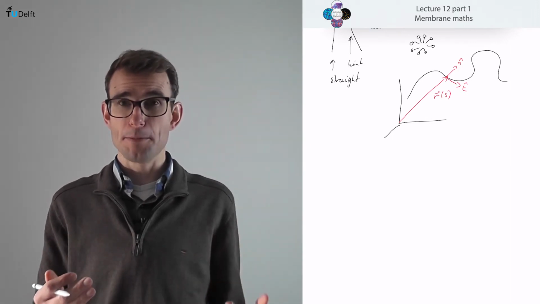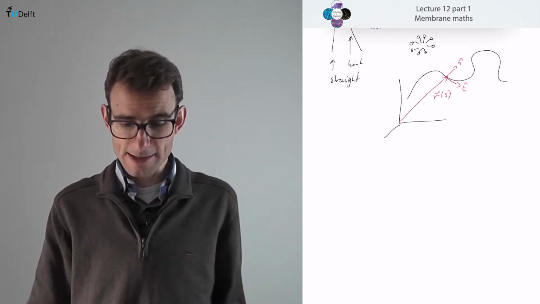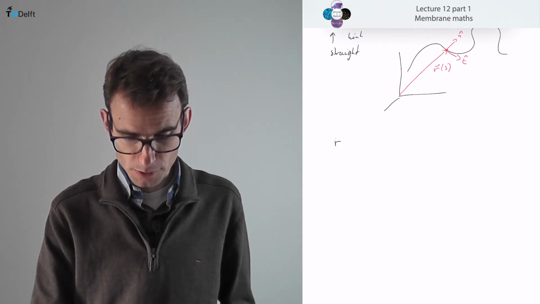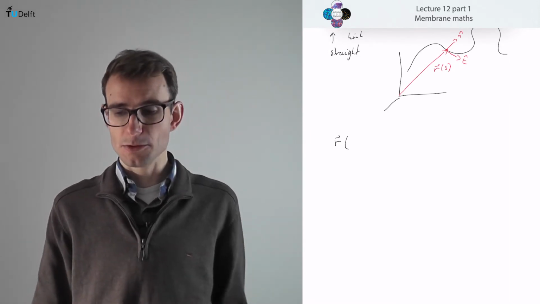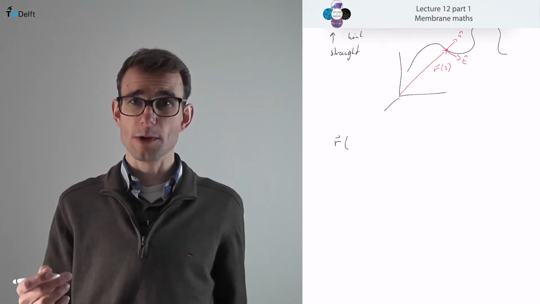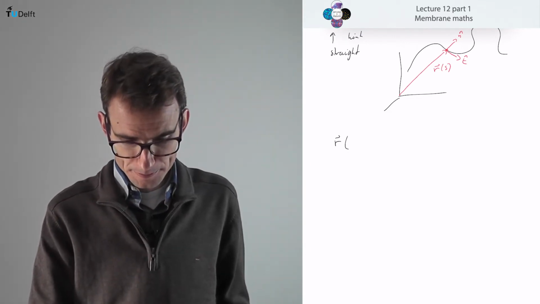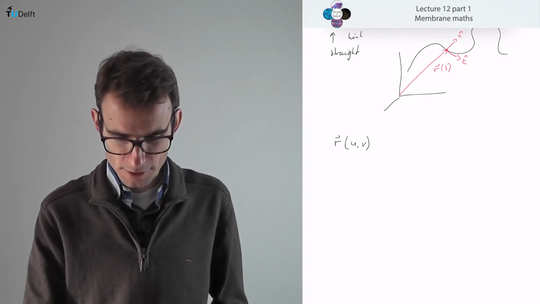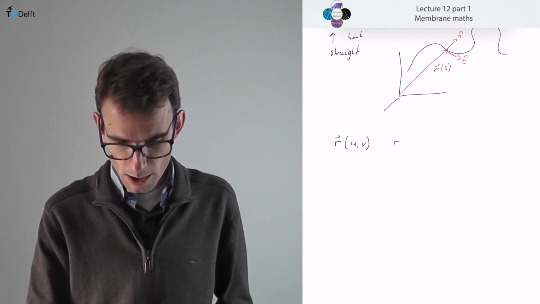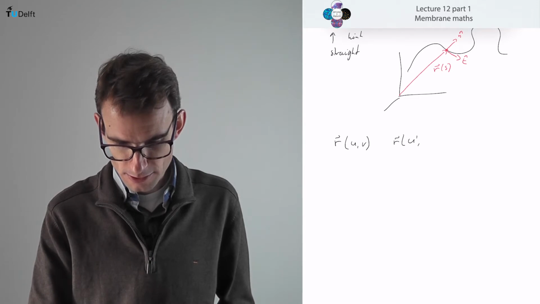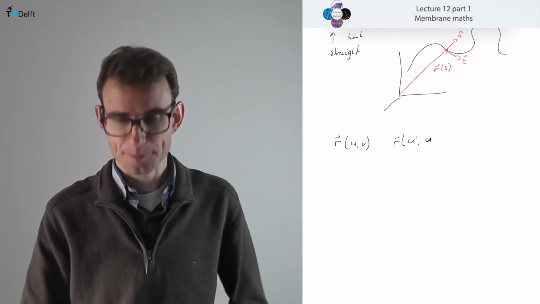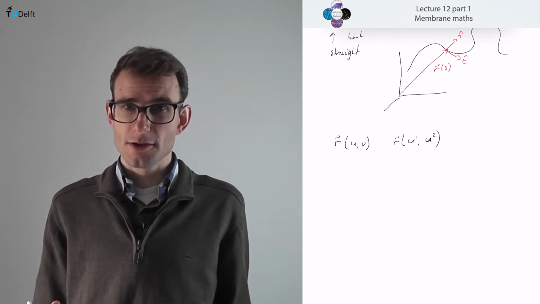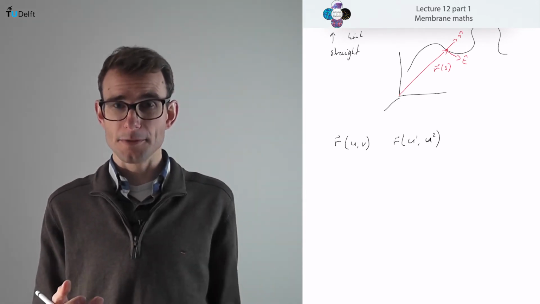And then for every point we can write the point on the surface as a function of these two coordinates. I can either write them as u and v, but it's sometimes handier to sum over things, so I can also write them as u1 and u2. So these are my two coordinates on the surface, and I have now a point on the surface.